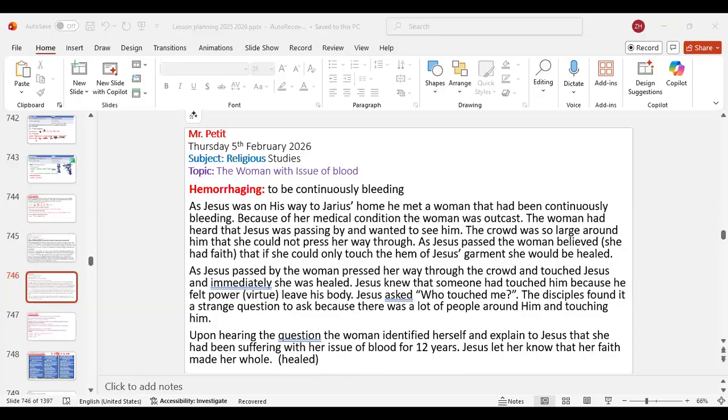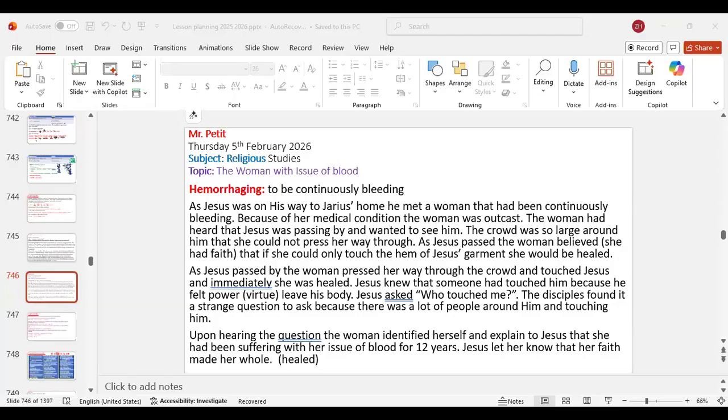Oh, because it wasn't like a normal touch. So, let's say for example, you're in a crowd, right? A lot of people are touching you, and you're rubbing shoulders, right? And then someone slaps your head, right? Even though you're in a crowd, you still could feel that slap. Because why? It's more powerful than just a regular touch.